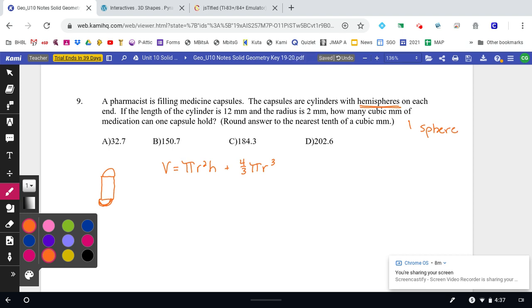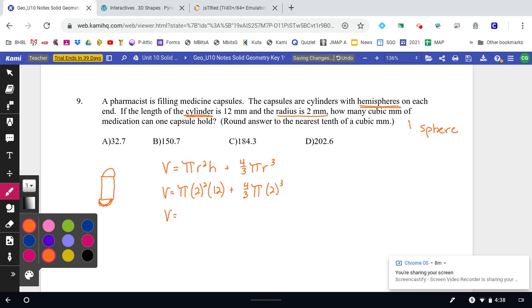Now the length of the cylinder is 12 and the radius is 2. So the volume equals pi times my radius 2 squared times my height of 12, plus 4/3 pi times my radius cubed.